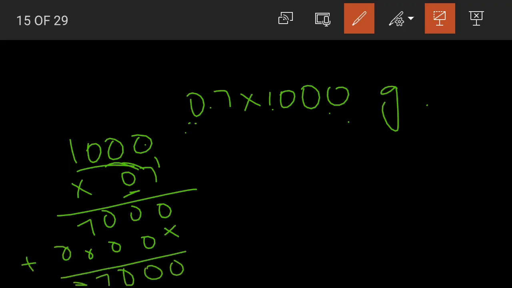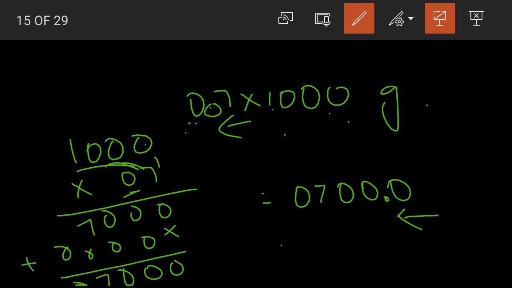So our total answer would be 7000. Yes, 7 into 1000 is equal to 7000. But here we are having a point after one digit from the right. So we'll place our decimal point after one digit from the right. So 0.7 into 1000 is equal to 700 grams.